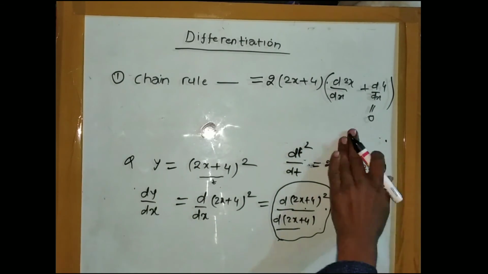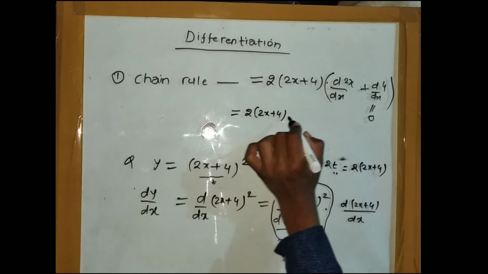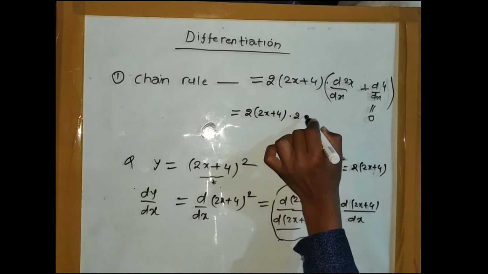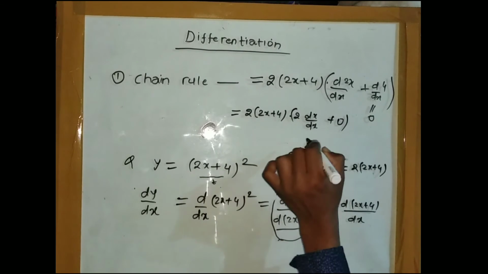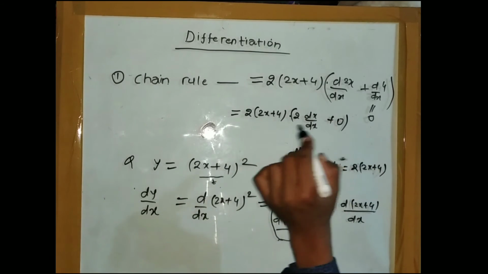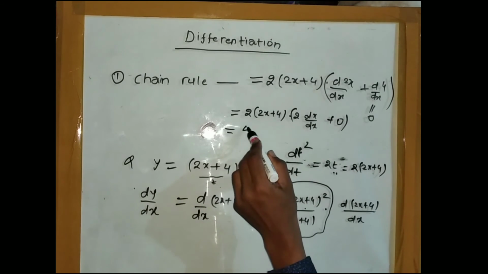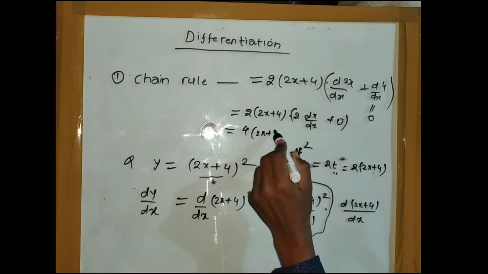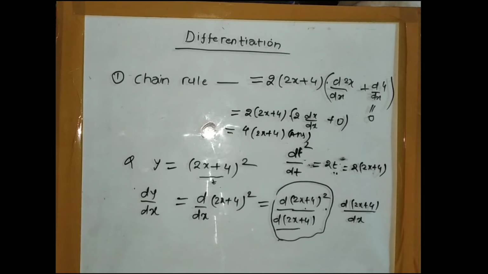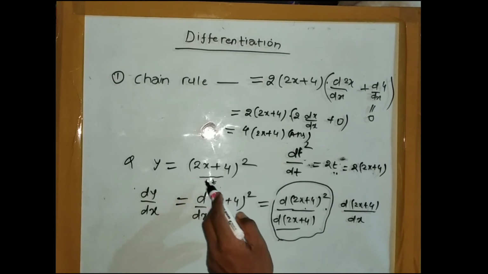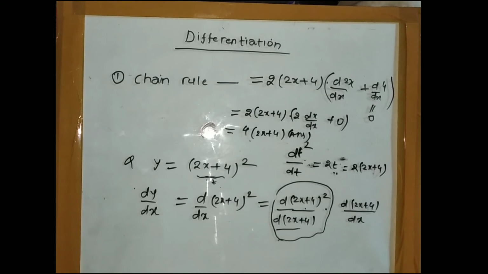So 2 into (2x plus 4) into 2 dx by dx plus 0, and we know that dx by dx is 1. This I already discussed in the last video. Means 4 into (2x plus 4) is our answer. So the derivative of (2x plus 4) square is 4 into (2x plus 4).